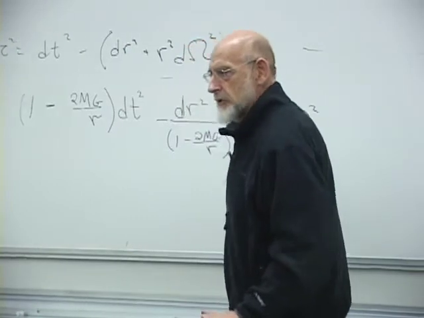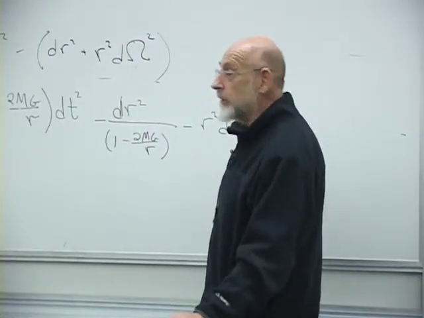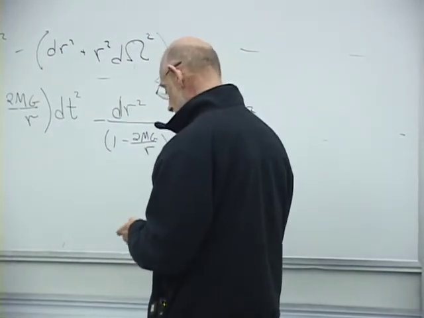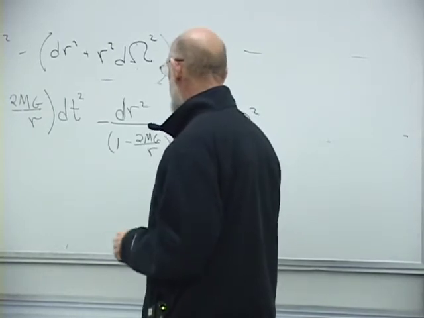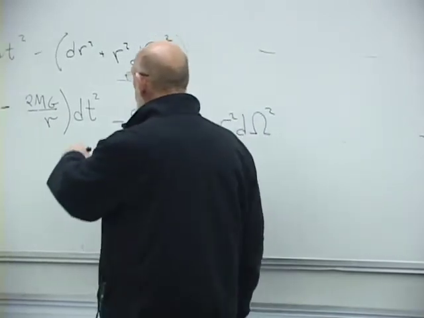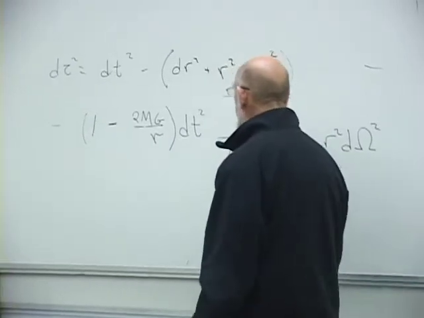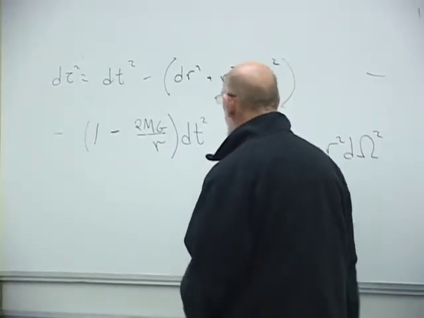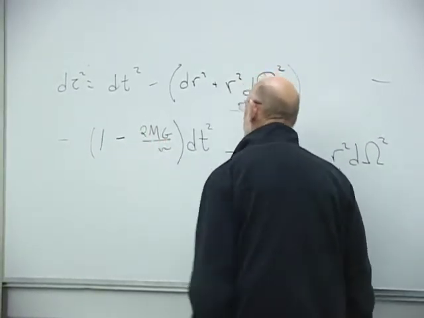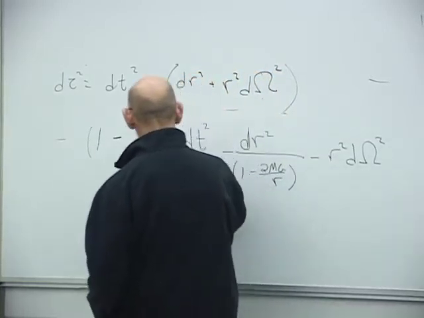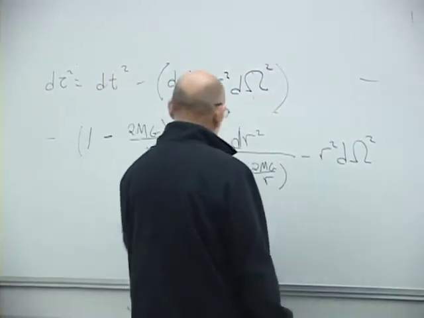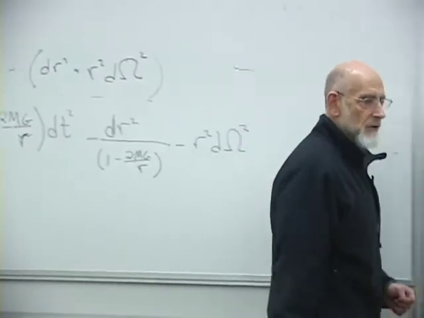But there's another place where something interesting, weird, is happening. And that's at r equals 0. At r equals 0, not only is this negative, but it's also infinite. Likewise, this thing has some nasty behavior in it.